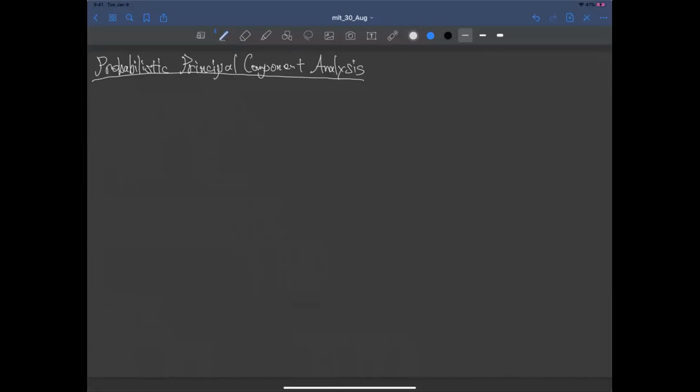So first, we think about the observations, the data itself. Let's say X represents the observation, and let's say this is the dimension D.